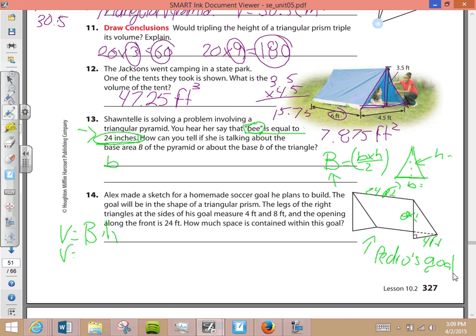In this one, the area of the base is base times height divided by 2. 8 times 4 divided by 2 gives you 16. Multiply it by 24, what do you get? 384, right? Feet cubed. There we go. Oh, all right.